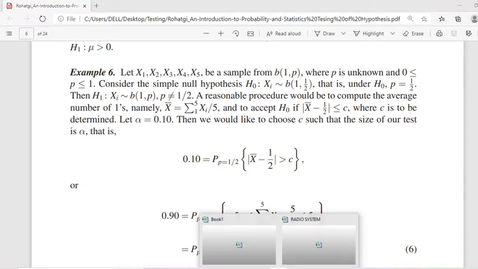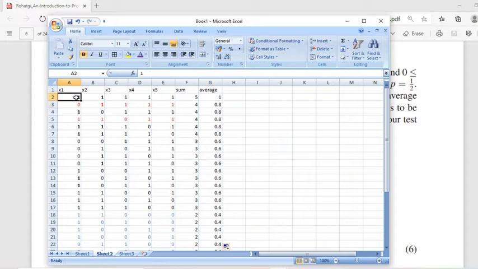Since there are only 5 random variables, we cannot say exactly that p is equal to 1/2, but at the same time we can say that if 2 of the observations are head and the remaining 3 are tail, or if we consider 1 for success and 0 for failure, and we observe 3 successes or 2 successes.